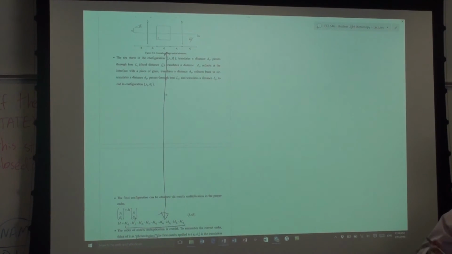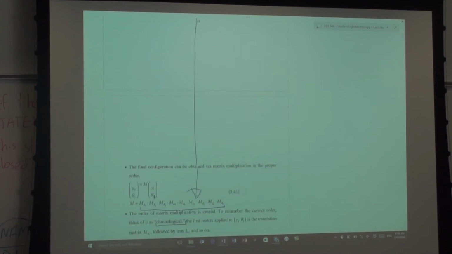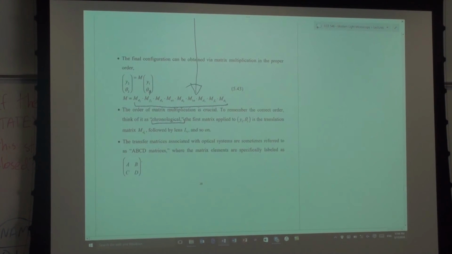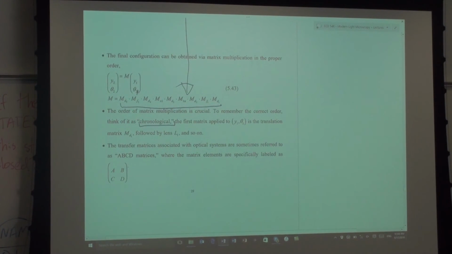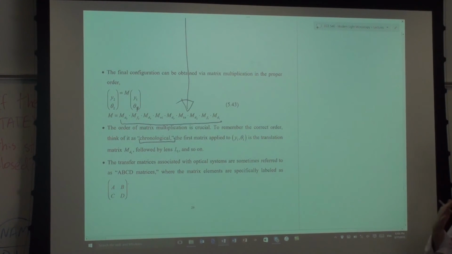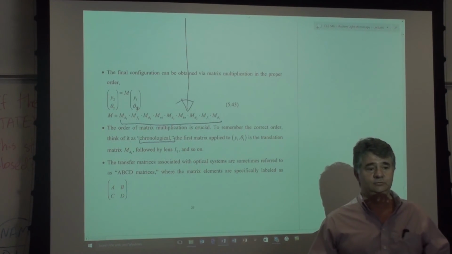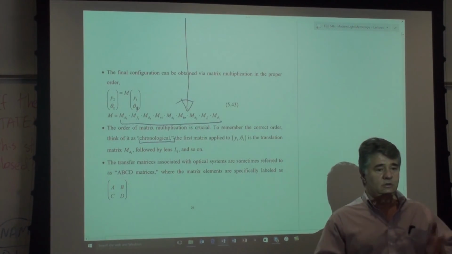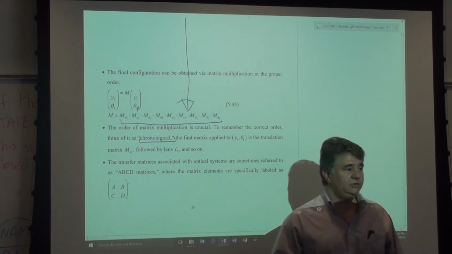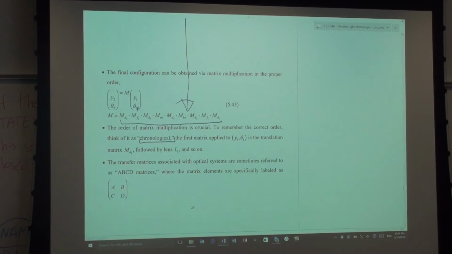You can go crazy with the number of components. It's going to be instantaneous with a good computer, right? Do you have any questions about this? Because we linearize the problem for small angles, cascading optical components means matrix multiplication.